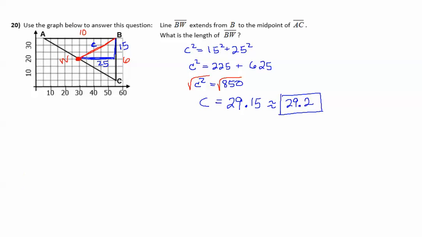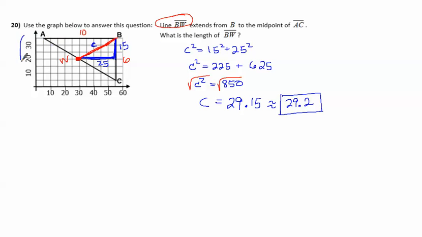Once I found that midpoint W, I traced the line that they're talking about, line BW. I traced that line, which was not showing, so that I could see the line I'm supposed to be finding the length of. Once you have the line there, you just create your Pythagorean Theorem triangle.